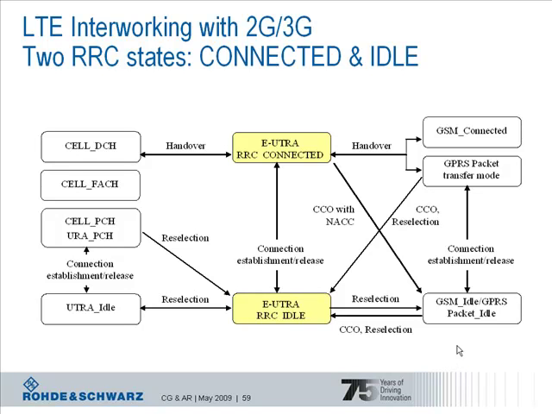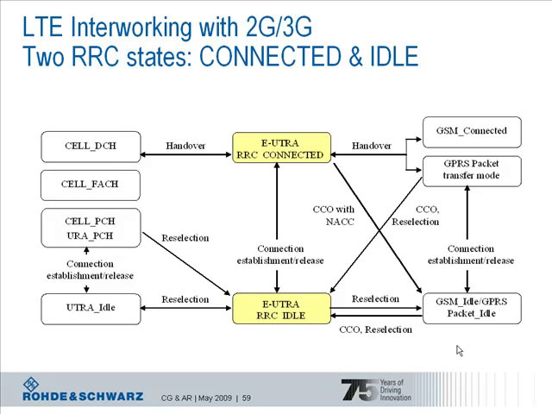In LTE there are only two protocol states defined on the radio resource control RRC level, the RRC connected and the RRC idle. These are shown in yellow here. And the mobility in RRC idle between LTE and the other technologies is done via cell reselection mechanisms. Mobility in RRC connected is done via handover procedures.